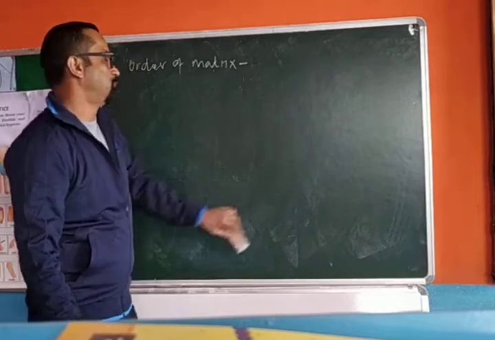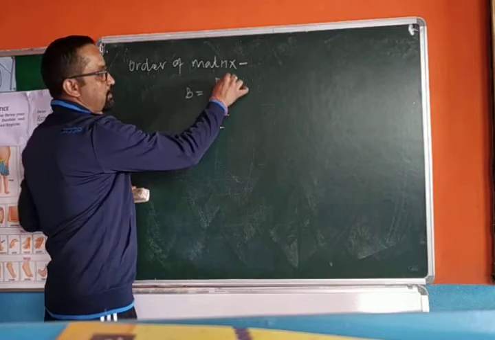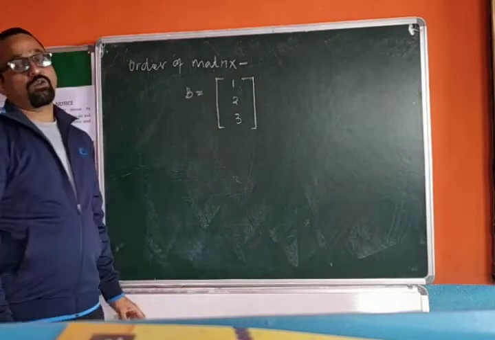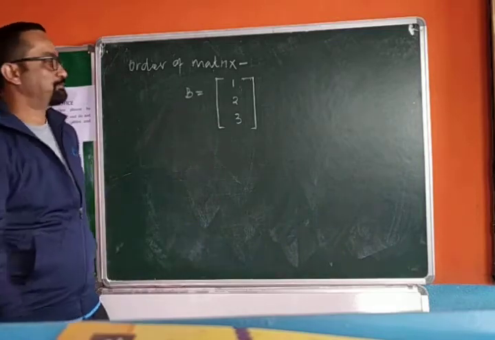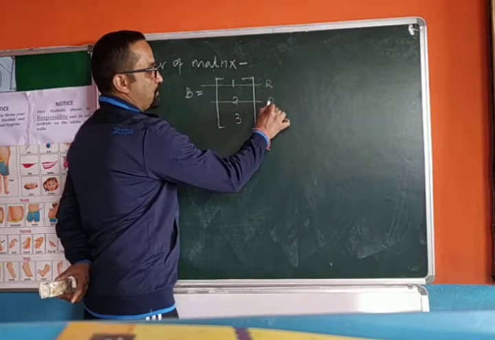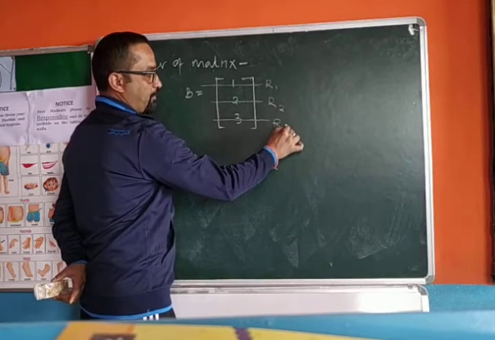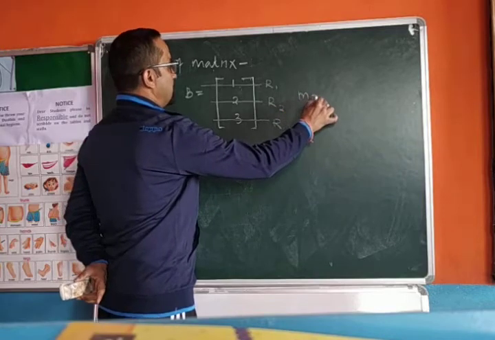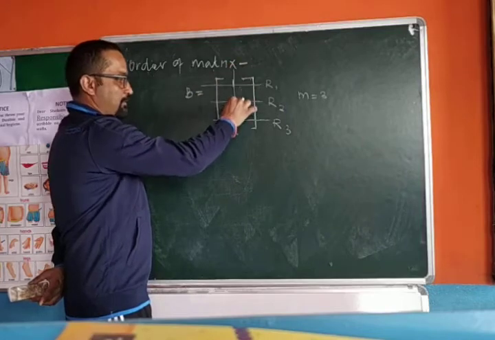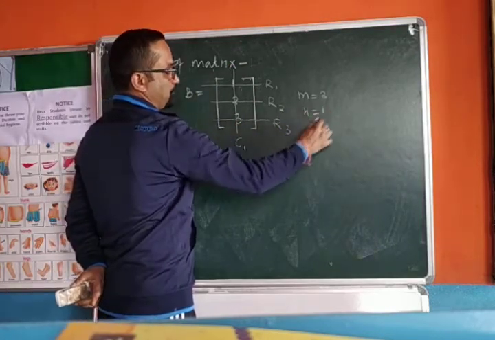Third example. Let's consider matrix B, whose elements are 1, 2, 3. Look at the matrix carefully. 1st row, 2nd row, 3rd row. So m is 3. There are 3 rows, horizontal arrangement, and it has only 1 column, so n is 1.